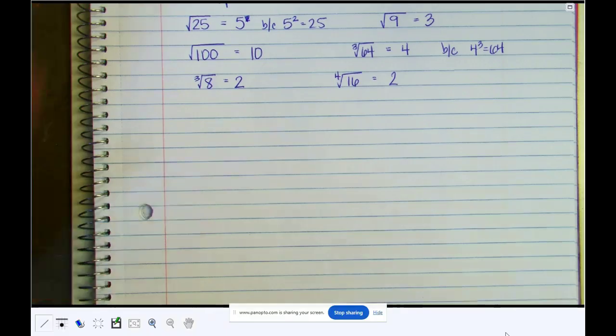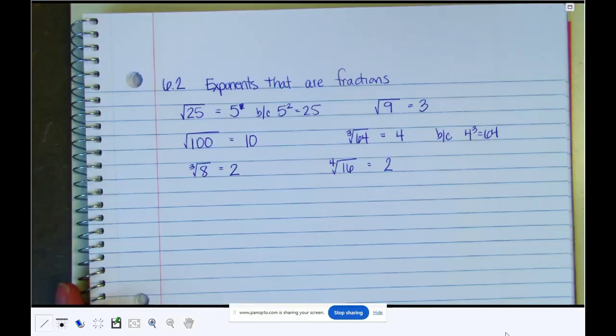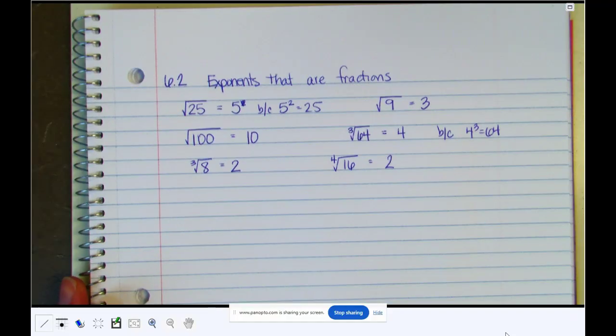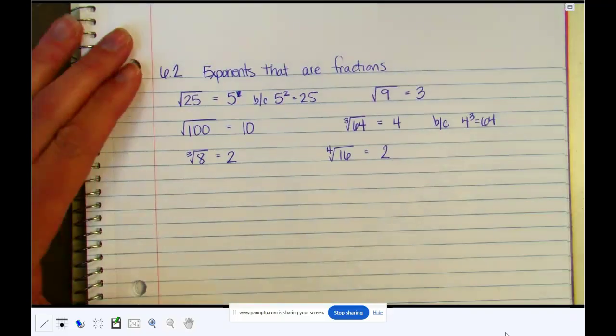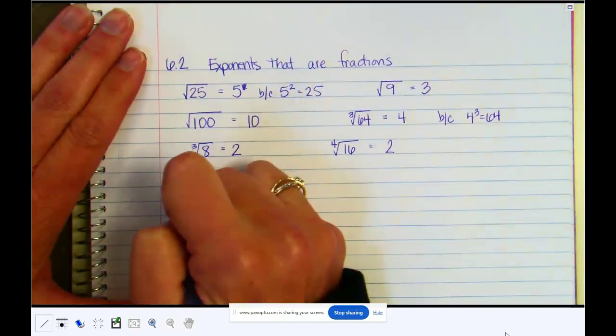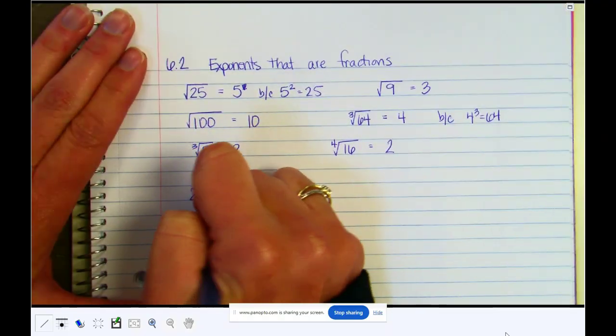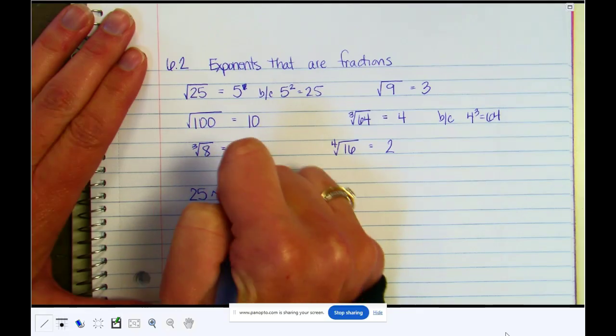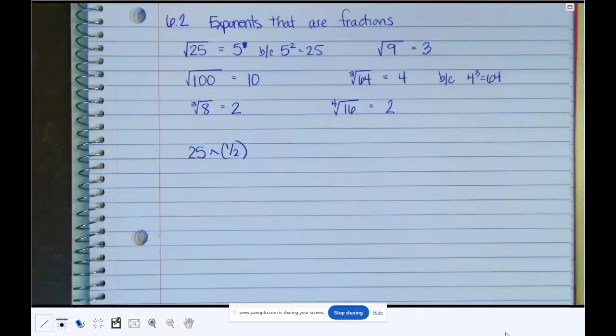Okay, so here's what I want. This is background information. So what I would like you to do in your calculator is do 25 to the 1/2 power. That makes sense.